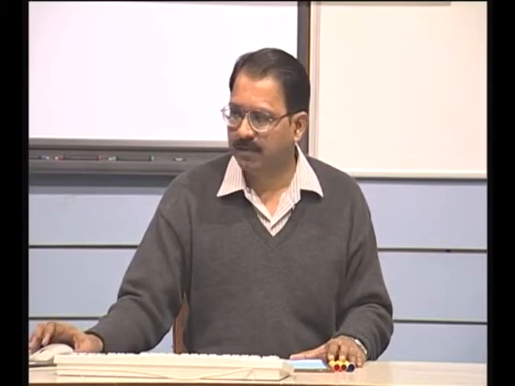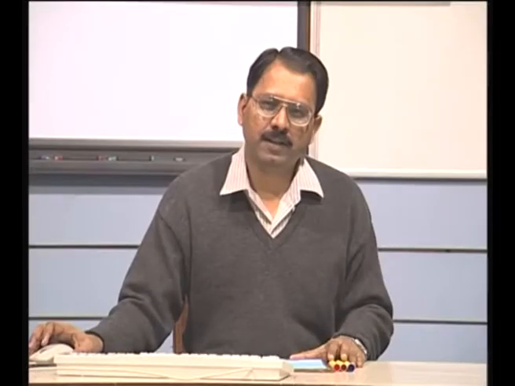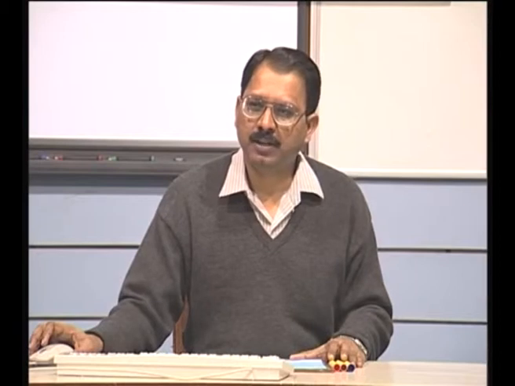Then when it comes to surfaces, you also have a few important surfaces which can be defined by boundary curves. Let us say I am given 4 boundary curves, for every surface patch the boundary is a curve.